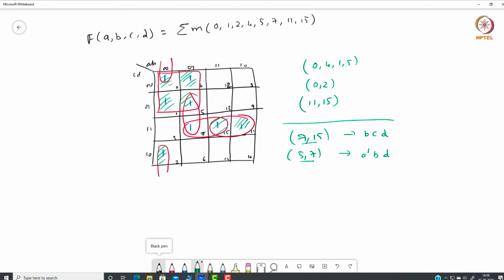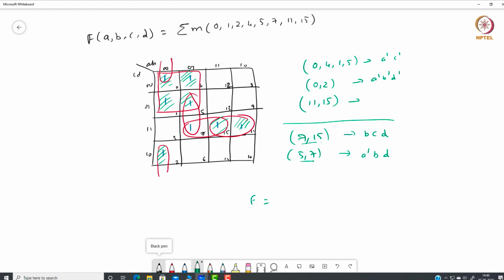So what would be our final or minimized expression? Let us first see the product terms corresponding to these essential prime implicants. For 0, 4, 1, 5 it is going to be A dash, C dash, and for 0 and 2 it is A dash, B dash and D dash.